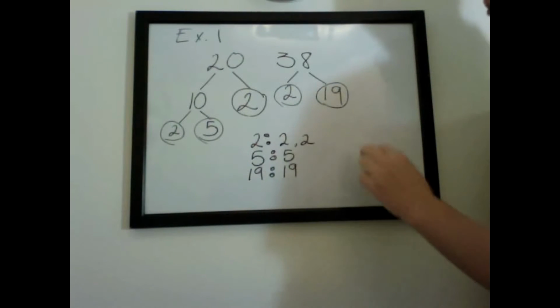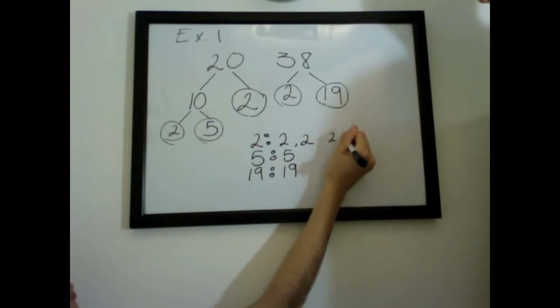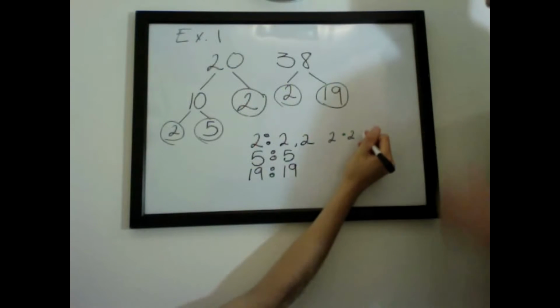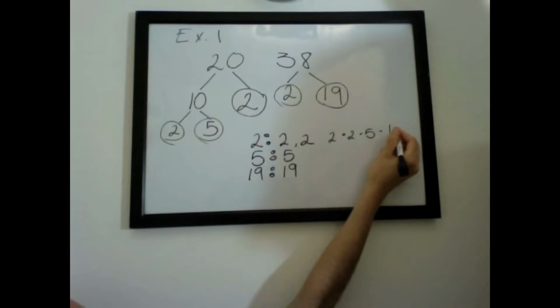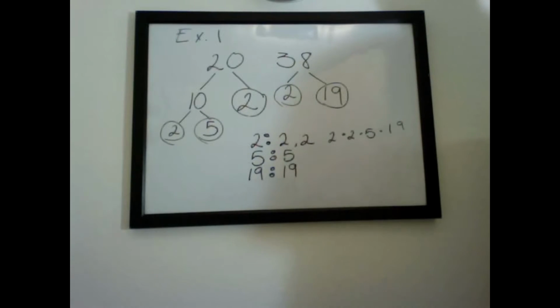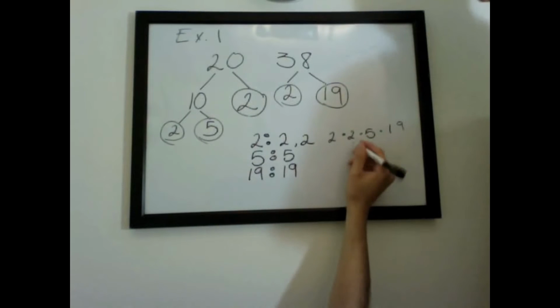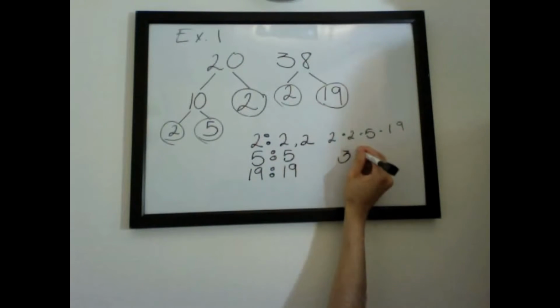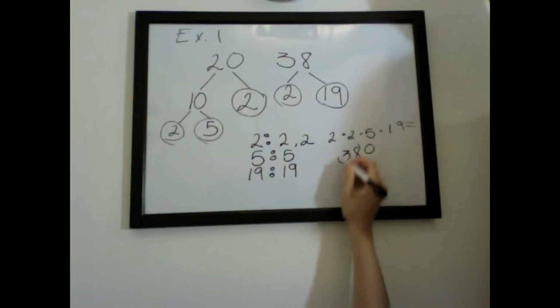Now we have these numbers. We're going to multiply them all together. So 2 times 2 times 5 times 19. Okay, and if we multiply those all together, you get 380. And that is the number, the least common multiple.